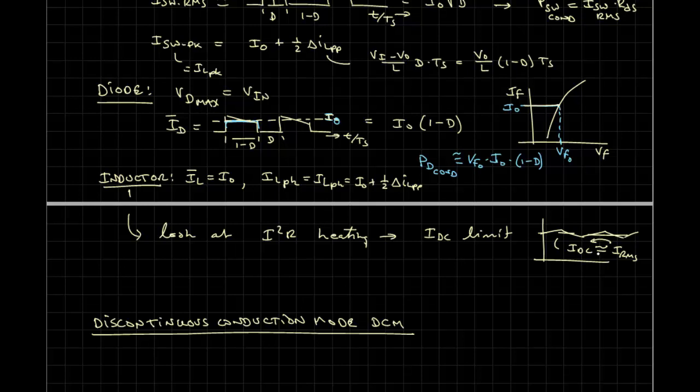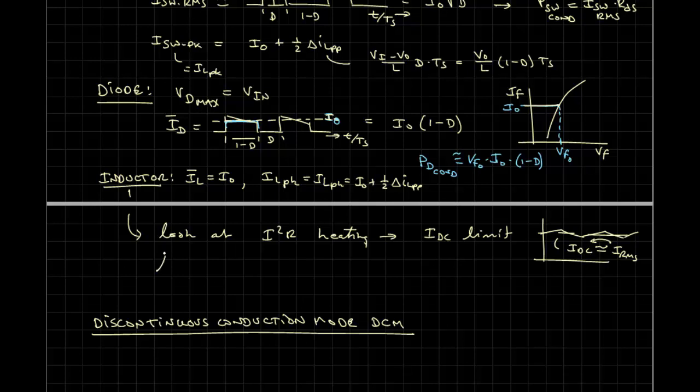So oftentimes in the data sheet you'll just see a specification for the I_DC limit, and you use that for your heating. You can use the DC resistance specified for the inductor times your DC current squared, and that can be an estimate of your conduction losses in your inductor.